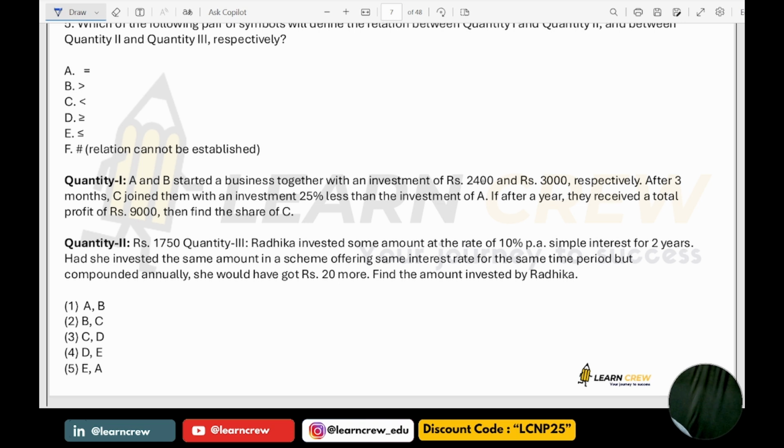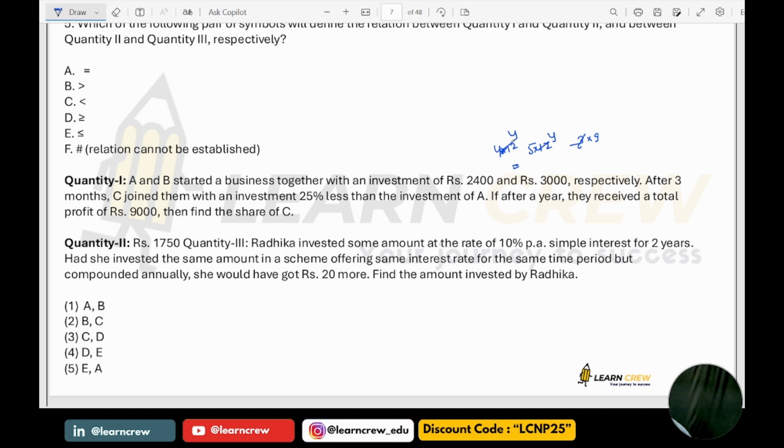So if after a year they receive a total profit of 9000. A's investment ratio is 6 4s are 24, B's 6 5s are 30, and C's investment is 1800. His investment is there for 9 months, as C joined after 3 months, while the others are there for 12 months.